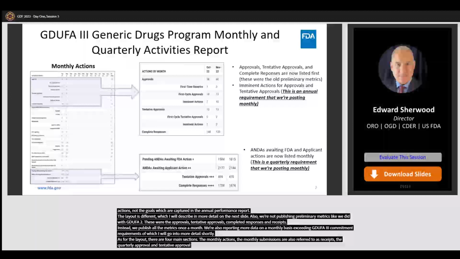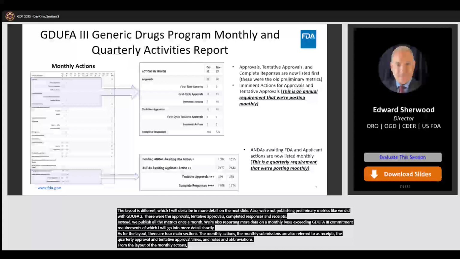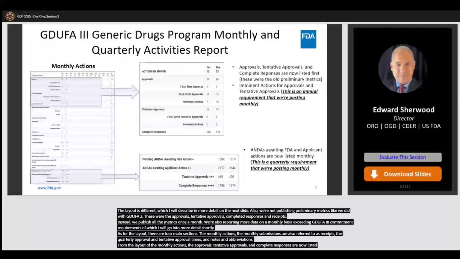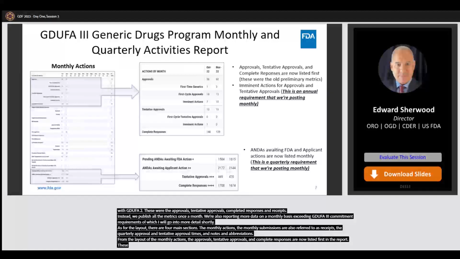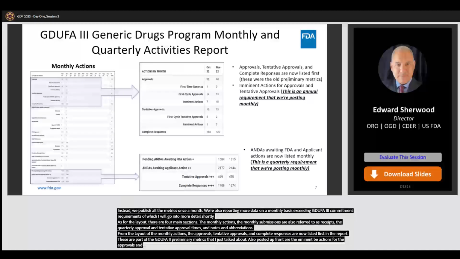For the layout of the monthly actions, the approvals, tentative approvals, and complete responses are now listed first in the report. These were part of the GDUFA II preliminary metrics that I just talked about. Also posted up front are the imminent actions for the approvals and tentative approvals, which is an annual requirement that we're posting earlier with the monthly metrics.